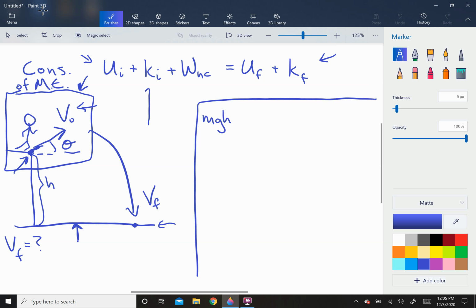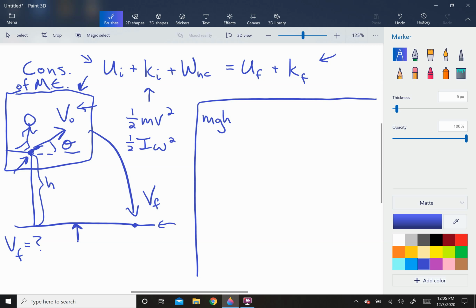And then I look at kinetic energy, this next term, and I ask, are there any kinetic energies at this initial point? Again, I taught you guys two kinds of kinetic energy. The first is 1/2 mv squared. This is the kinetic energy of something flying through space, where the center of mass of the object is moving. The other kind I taught you was 1/2 I omega squared, and this was the energy of something that is spinning.